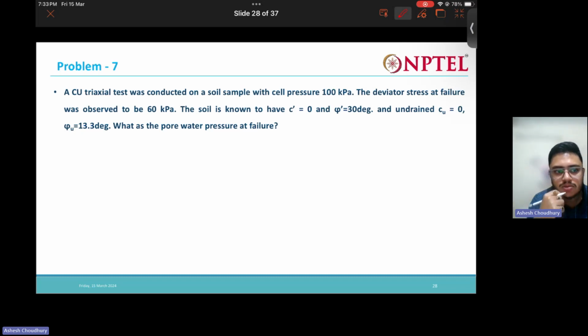So here you can see the undrained values are given as well as the effective values. We want to find out what the pore water pressure was at failure. Okay, so let us write down the values first.